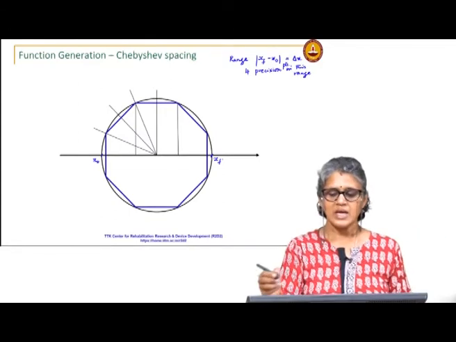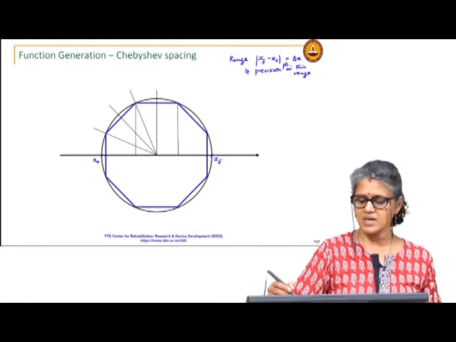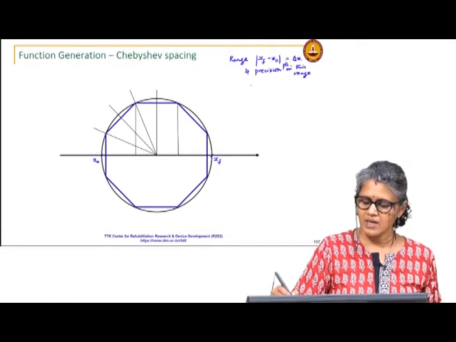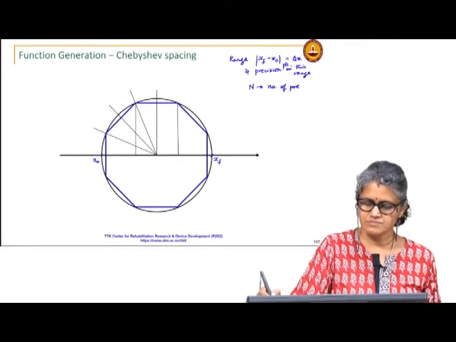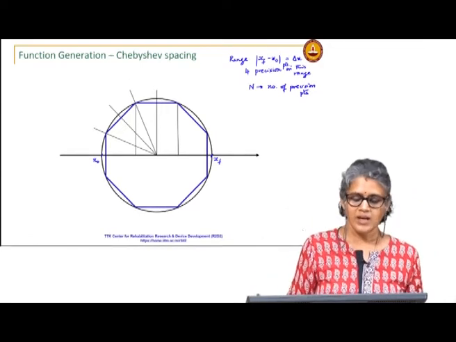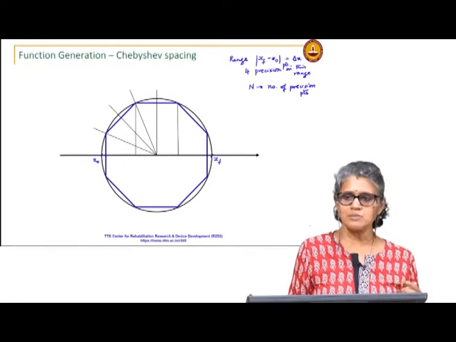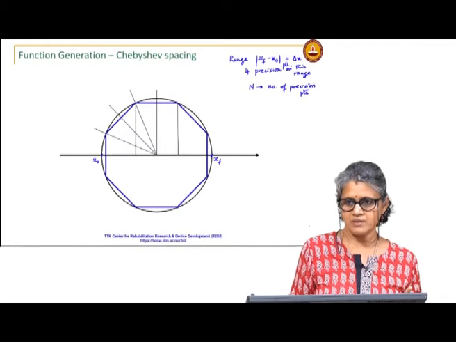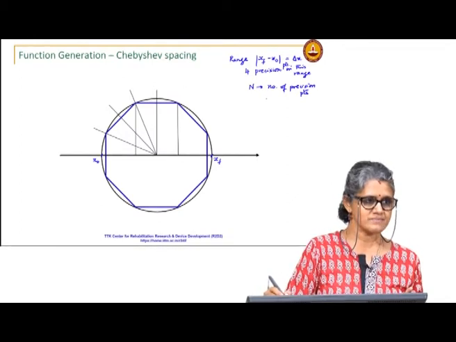Then, if n is the number of precision points, I have to inscribe a regular polygon with 2n sides.